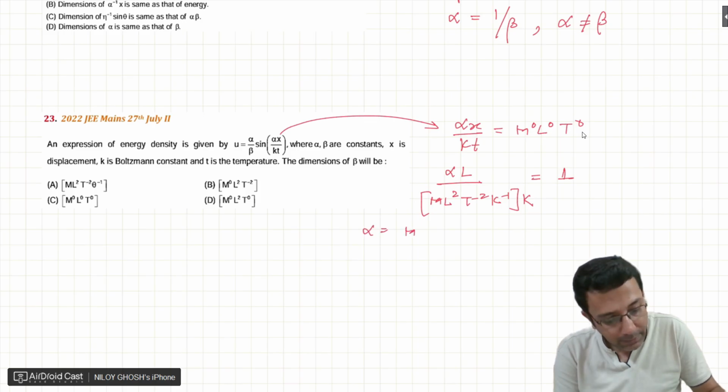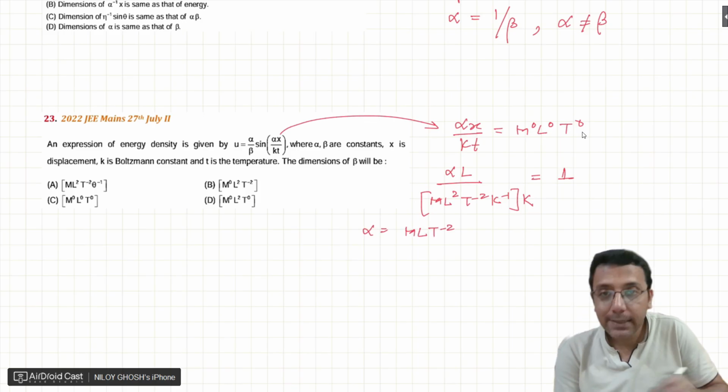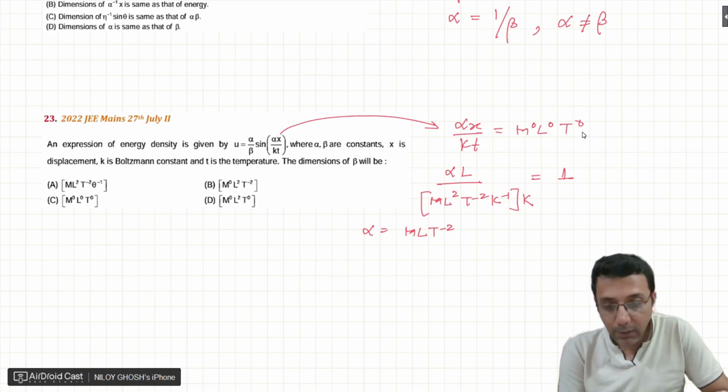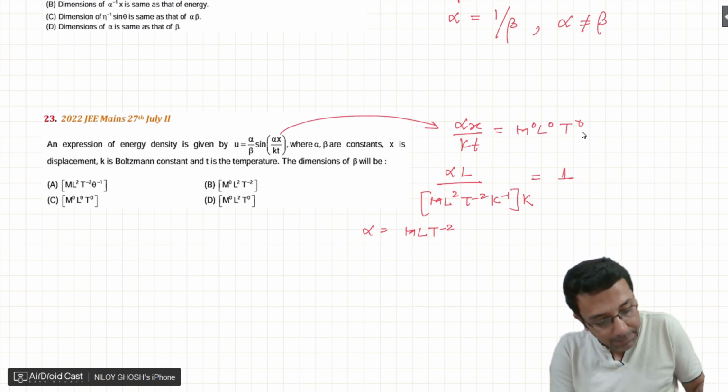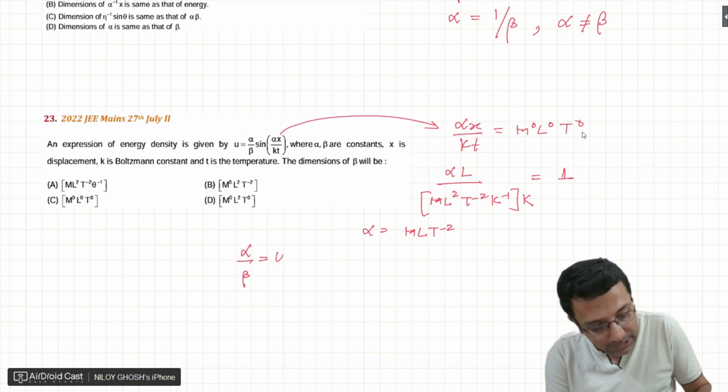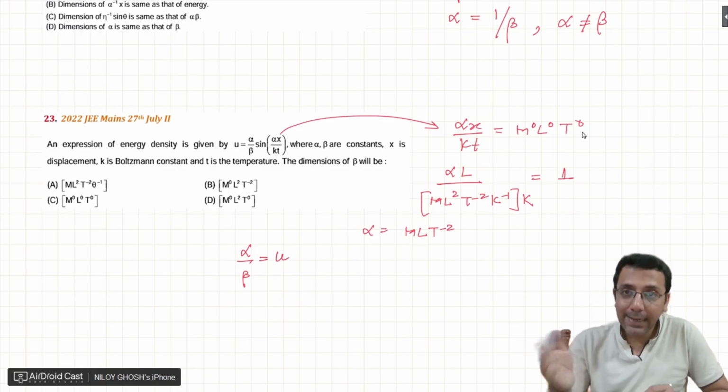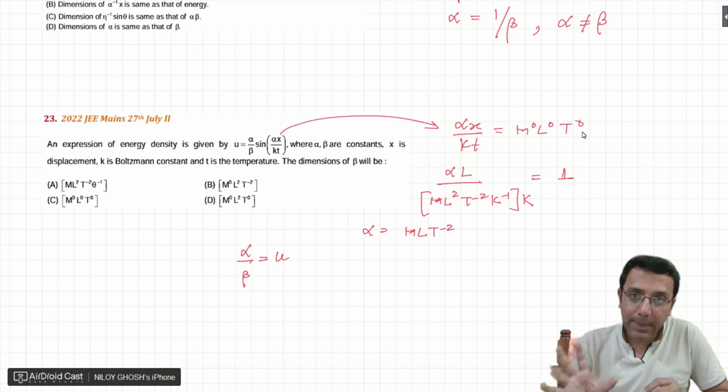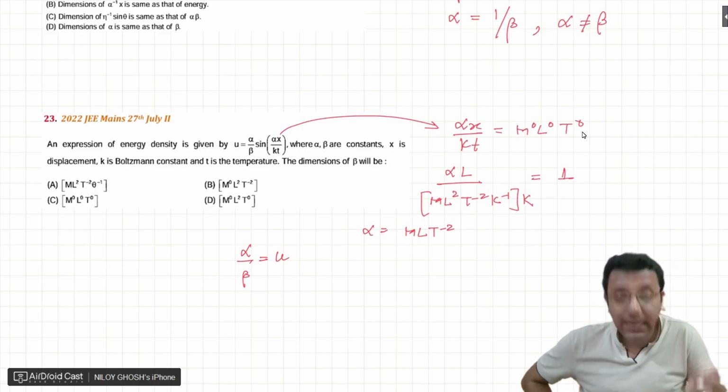Alpha we get to be M L T minus 2. Okay, this is the value of alpha. We need to find out beta. So alpha by beta will have the same dimension of U. Okay, LHS and RHS, if you compare, alpha by beta will have the same dimension of U.